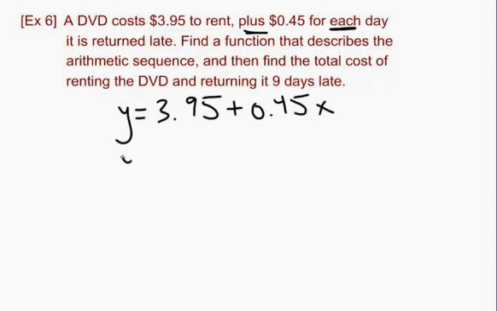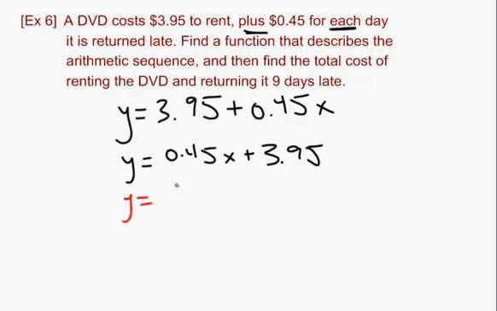Now you might have, and this is fine, something times x plus something. You might have 0.45x plus $3.95. You might have that, and that's fine. They're the same thing. Now we have to figure out when it's 9 days late. So this is x days. We need to figure out for 9 days. So we're going to do 0.45 times 9 plus $3.95.